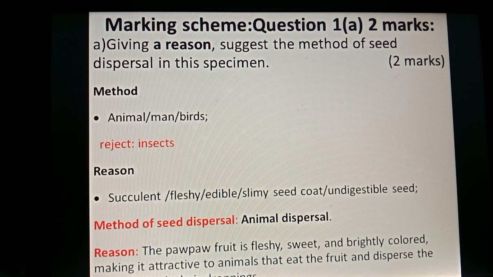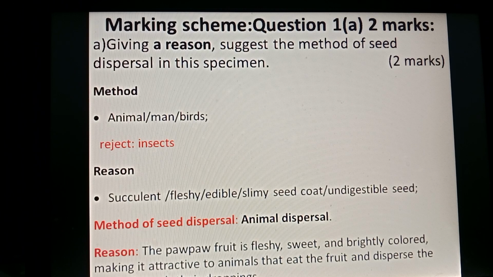And these were the responses according to the council marking scheme. The method is animal dispersal, or you can say man or birds, but you should reject insects. Insects cannot disperse pawpaw. Reason: it is succulent, fleshy, edible, slimy seed coat, and digestible seed.